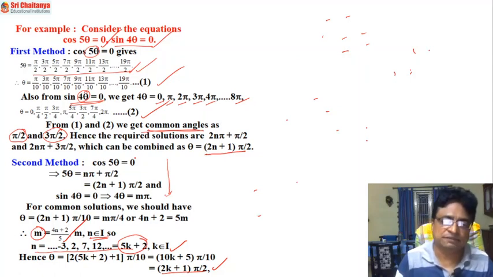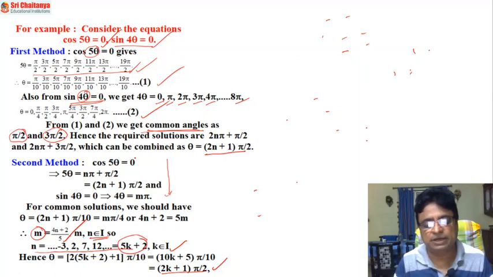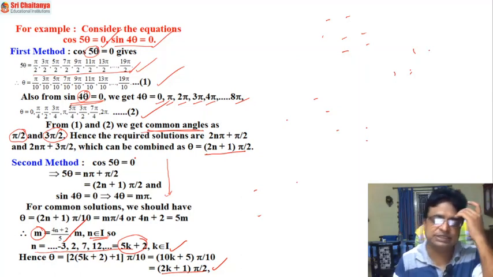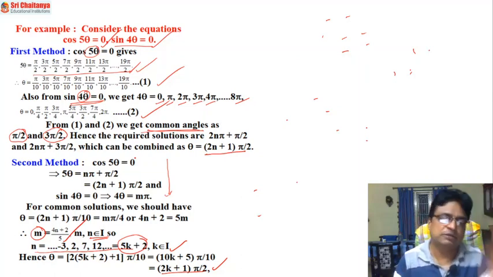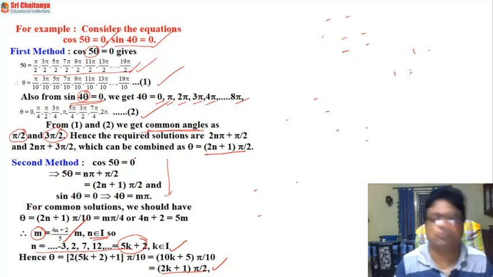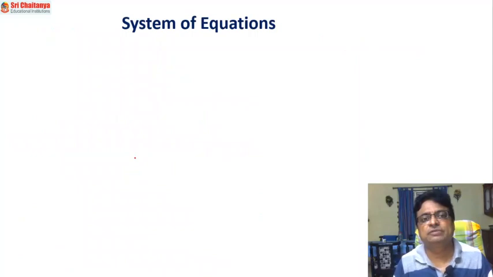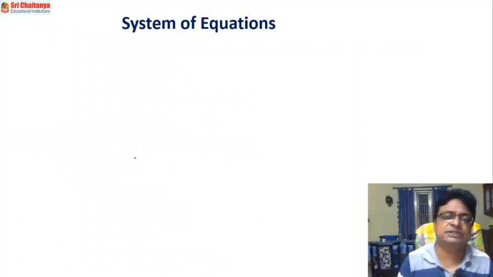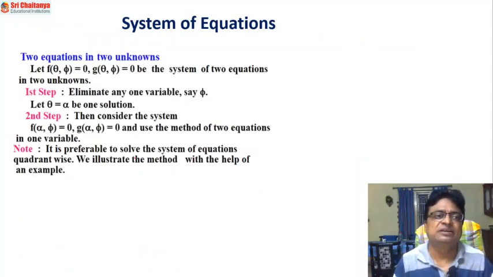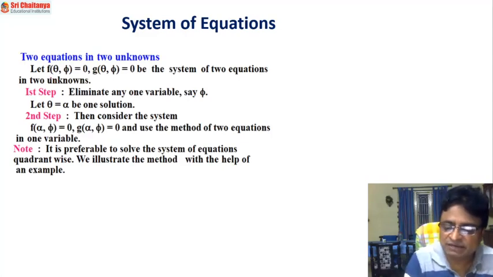After the first stage of trigonometric equations, in the second stage, two equations with one variable is an important model. Now coming to the next area, this is about the system of equations. See the equations: two equations in two unknowns.